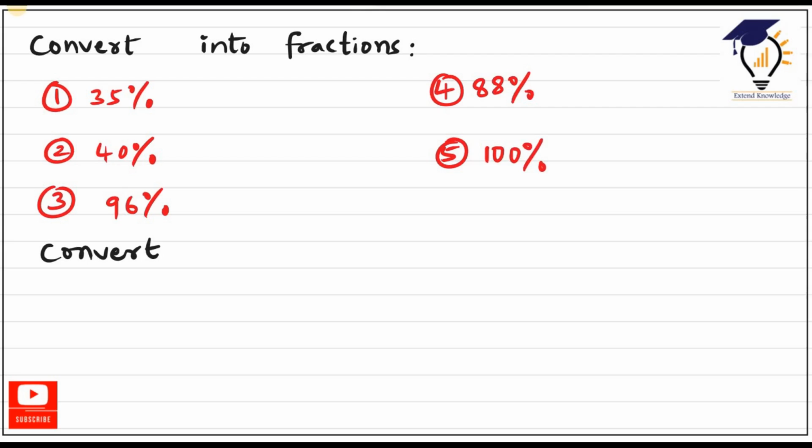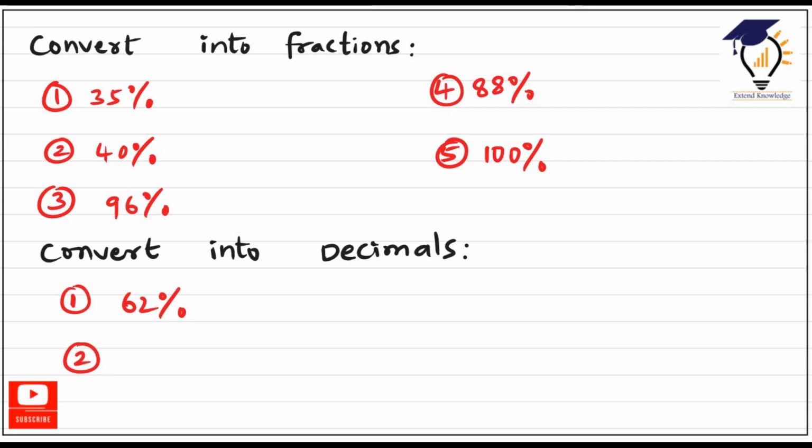Convert into decimals: 62%, 53%, 33%, 51%. So kids, pause the video and solve these questions.